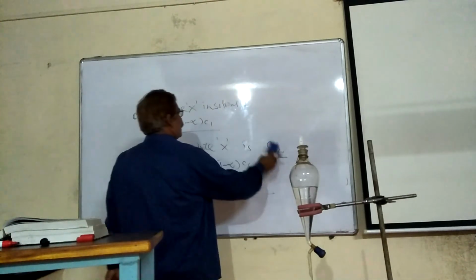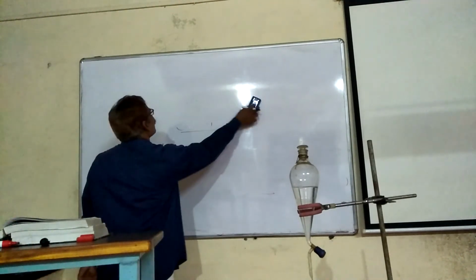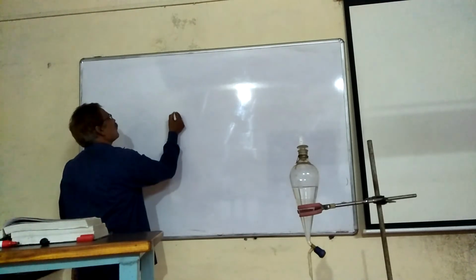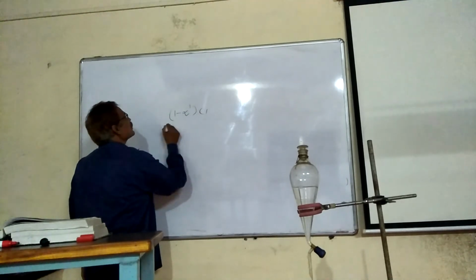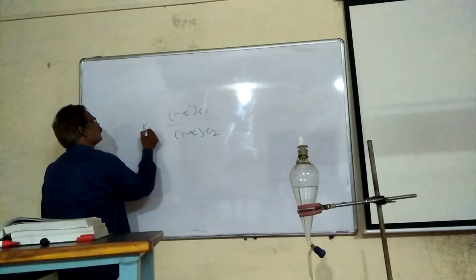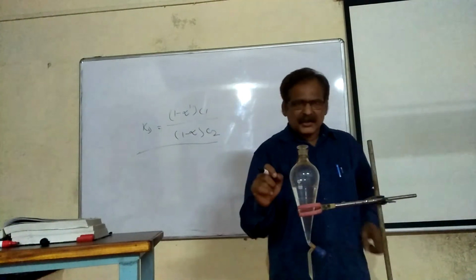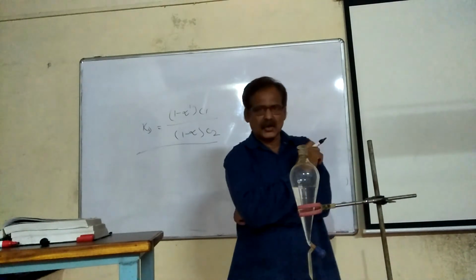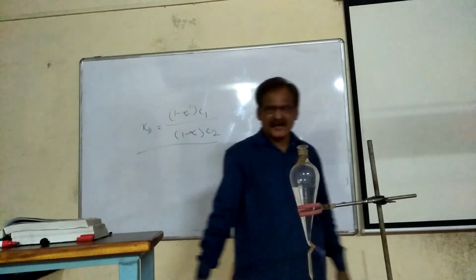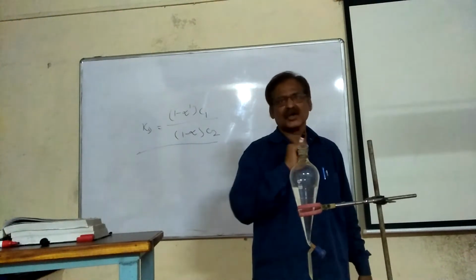In that case, the modified Gauss distribution law is like this: 1 minus alpha dash into C1 upon 1 minus alpha into C2 is equal to KD, where alpha dash shows the degree of dissociation of solute in solvent 1 and alpha shows the degree of dissociation of solute in solvent 2.